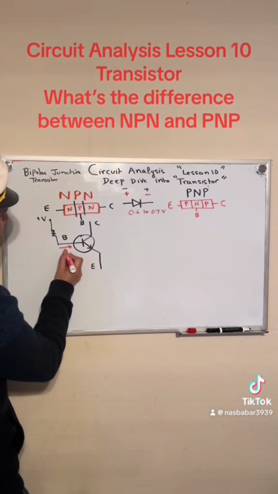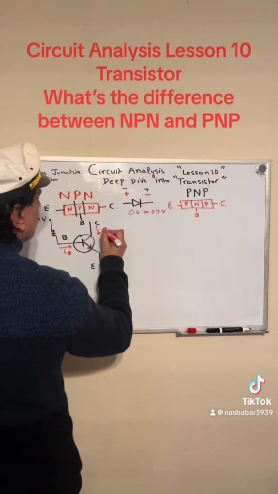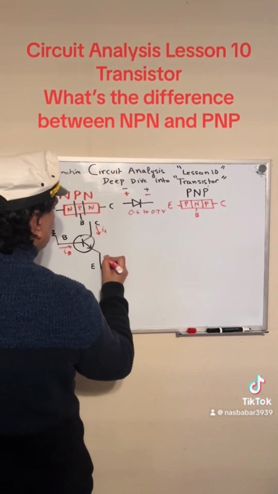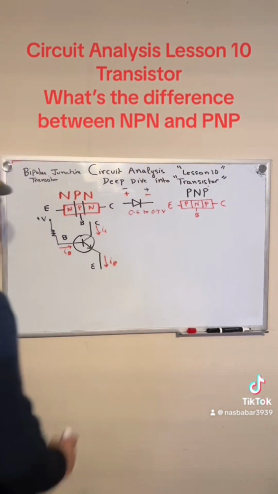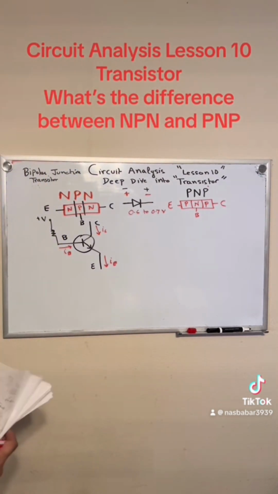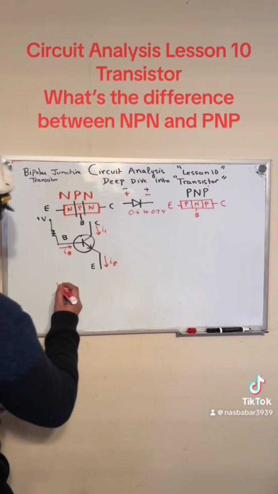So that's I sub B. Okay. I sub C will flow this way, and I sub E will flow this way. Okay. This is in your NPN transistor. That's how the current flows. And basically it's nothing but two diodes connected like this.